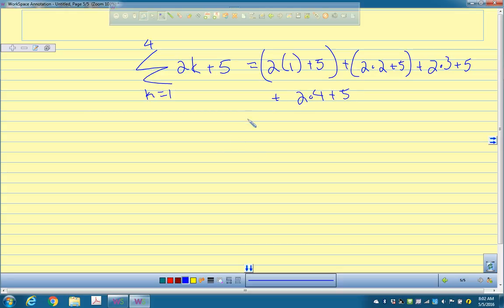So if I rewrite this out, that's 7, I believe, plus 9, plus 11, plus 13, which gives you 16, 40. So this is equal to 40. Follow? Okay, so let's try one.